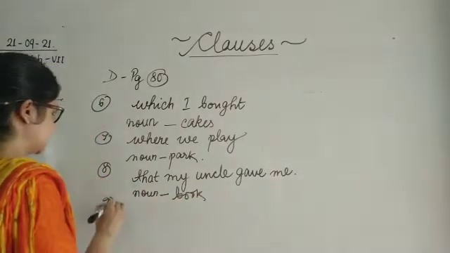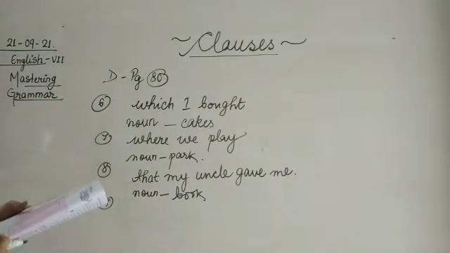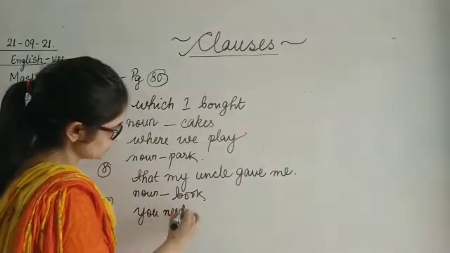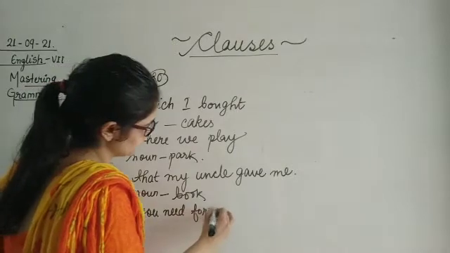Yes, number 9 now. I bought all the items. Okay children, here the relative pronoun is omitted. I bought all the items that you need for the party. So you need for the party will be our adjective clause.